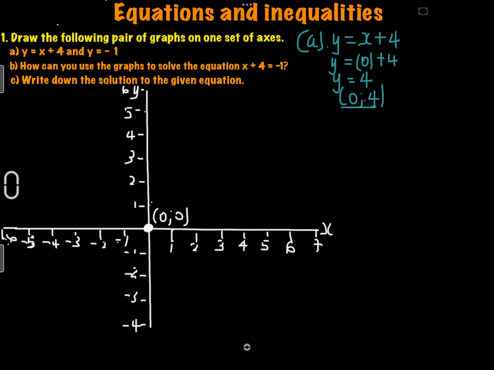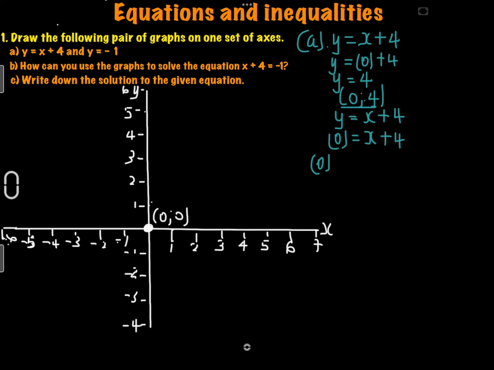Let's see what happens when y is equal to 0. We still use the same equation. We just rewrite it down here, for reference purposes and consistency. So we have 0 is equal to x plus 4. This time x remains our variable, and y changes to become 0.